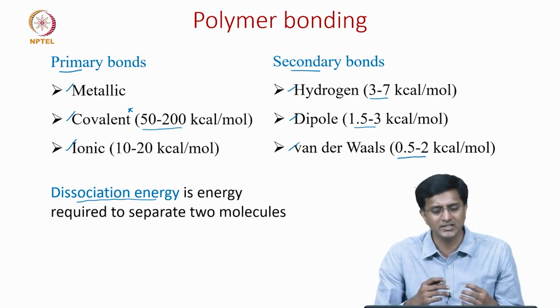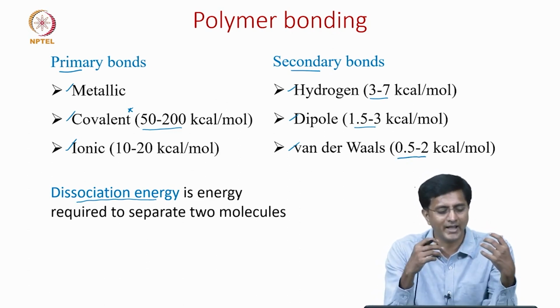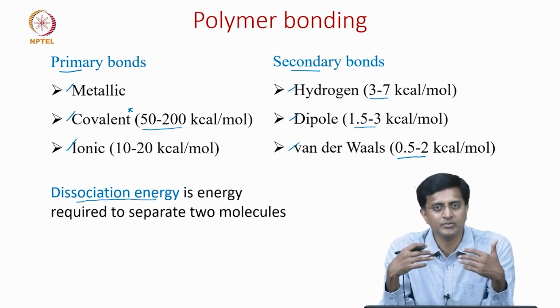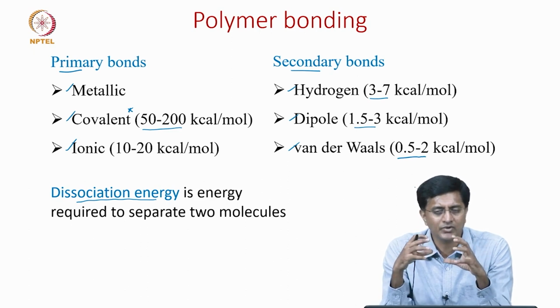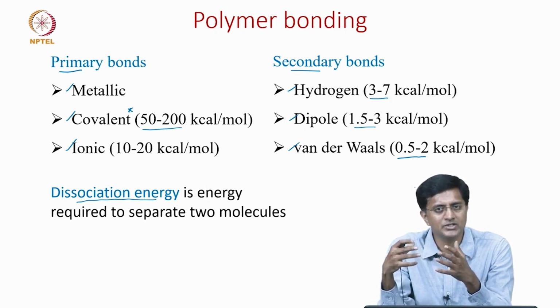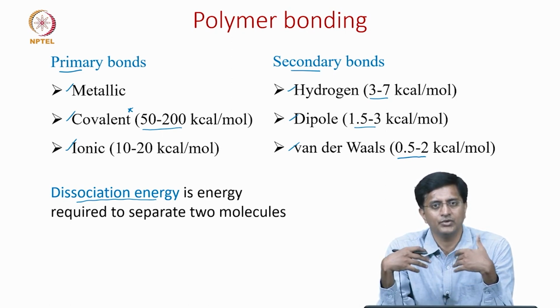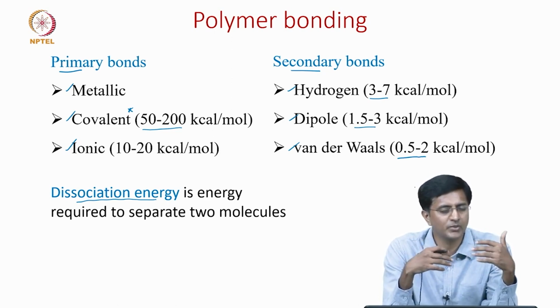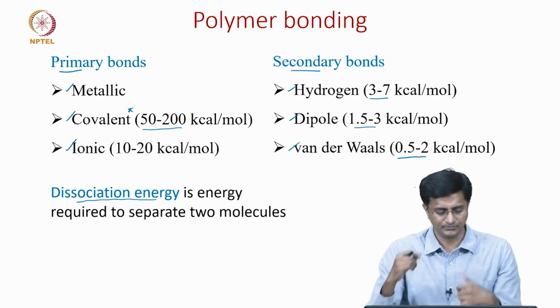So, what it means is if a polymer has both primary and secondary bonds and you are supplying energy in the form of heat, then the first things to break or melt are the secondary bonds, because the amount of energy it takes to break them is small. But if you supply more and more energy, eventually there is sufficient energy to even break these covalent bonds.